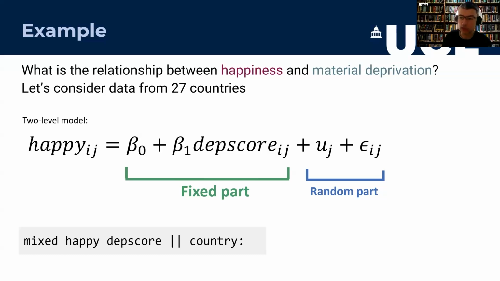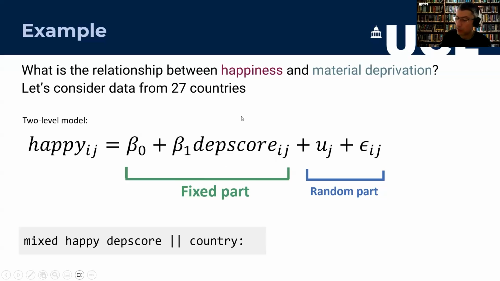So we have individuals within countries. In this case, what we are doing is modeling the happiness observed for each individual in each different country as dependent on their depression score.